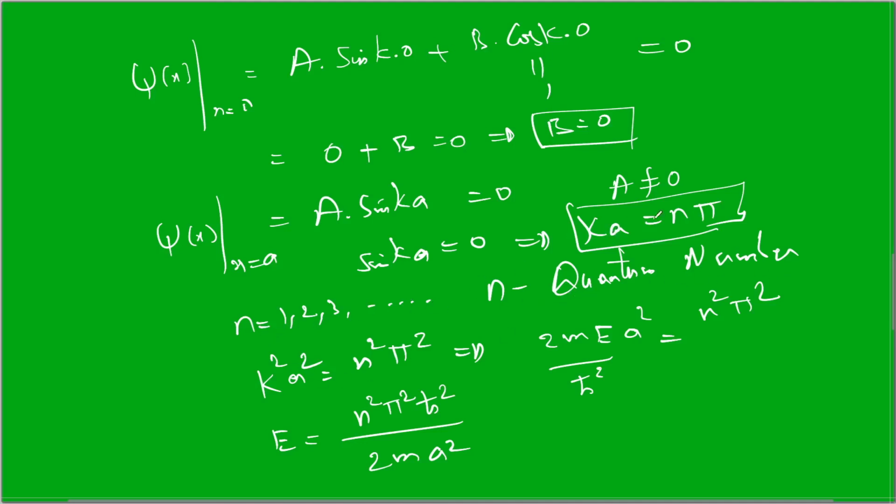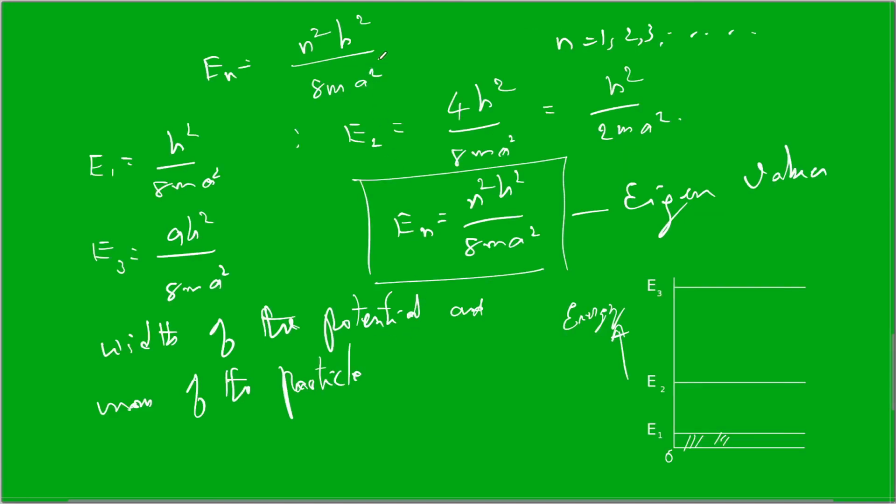Upon taking square on either side, k square a square will be equal to n square pi square. We have written En is equal to n square h square upon 8m a square. So for different values of n, we have written the energies and we have seen the energy spectrum. We have written the eigenvalues finally. En is equal to n square h square upon 8m a square.